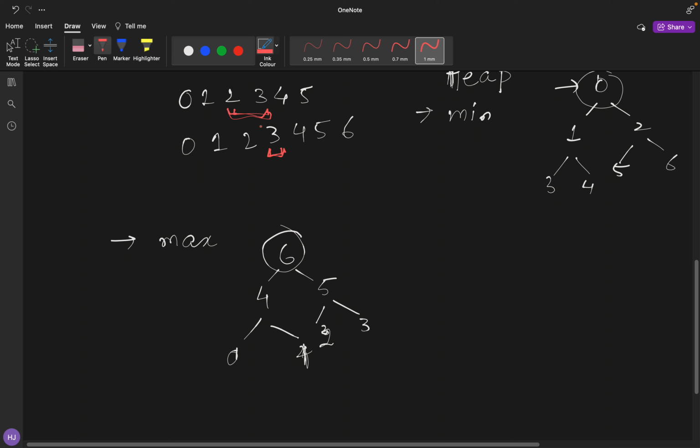So what I'm thinking is, how do I get these middle values on the top of my heap, either in a min heap or in a max heap?